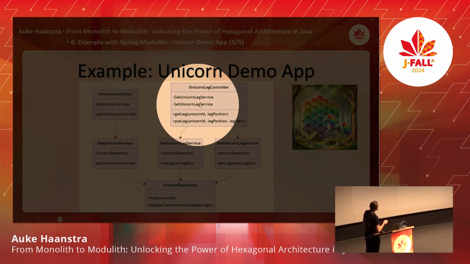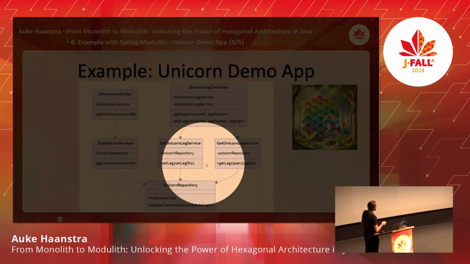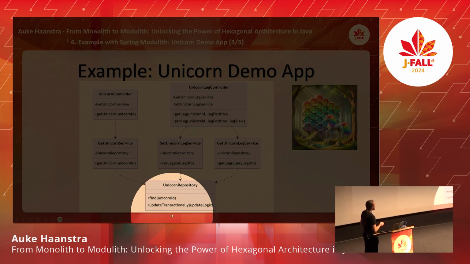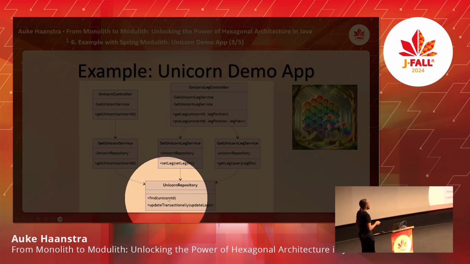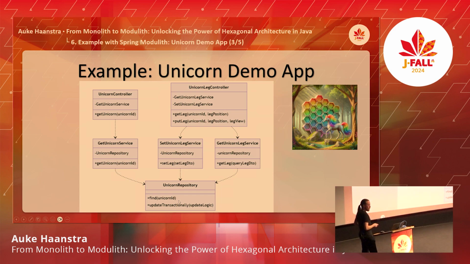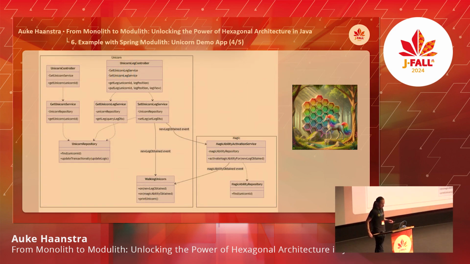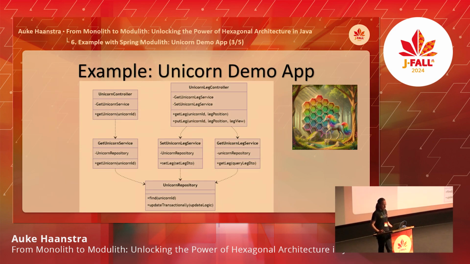But there are the controllers again, the services. They are now a bit more fine-grained, and you've got a Unicorn repository with a slightly different implementation. Now you can just put a bit of update logic in that repository, and it executes it transactionally over there. You always put all those technical things in the adapters with hexagonal architecture.